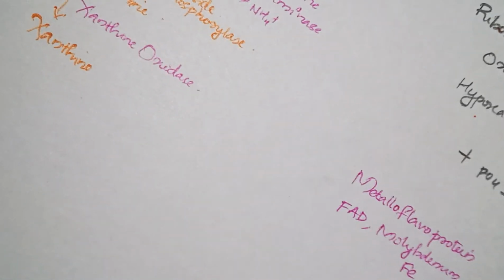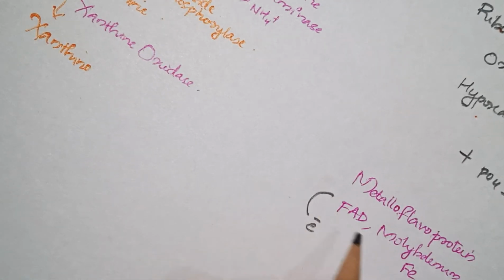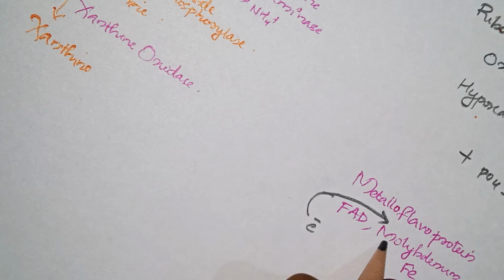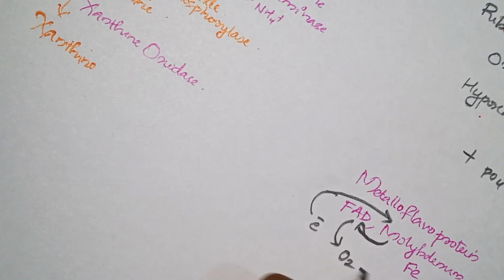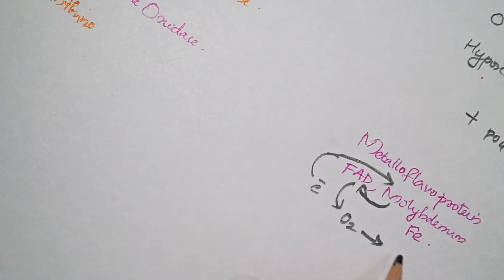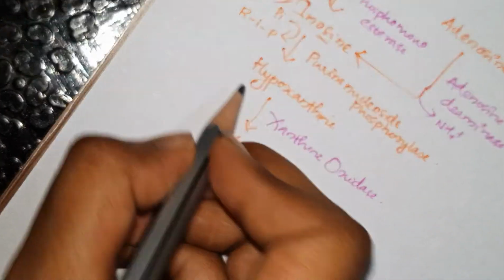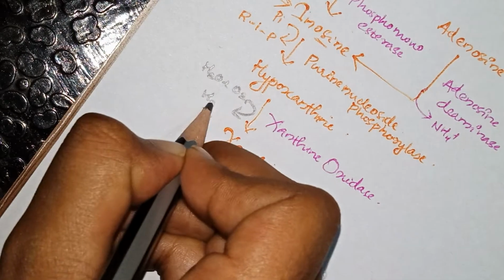Okay, so the electron will first be transferred to molybdenum, then to FAD, and then to oxygen, from where we will be getting a highly reactive species, that is hydrogen peroxide. So in this step we will be getting H2O plus O2, we will be getting hydrogen peroxide.